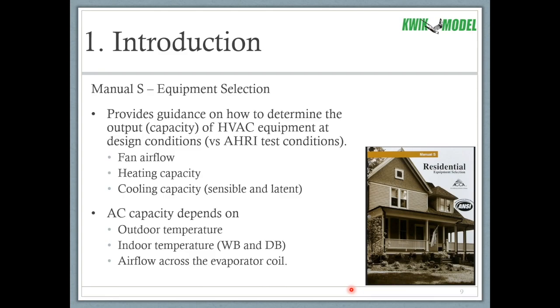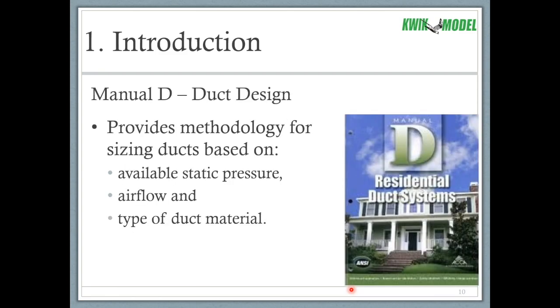How much airflow is blowing across that evaporator coil, and what affects airflow? Duct sizes affect airflow. Then Manual D: sizing those ducts, designing that duct system. Manual D provides methodology for sizing ducts based on the available static pressure. So the static pressure is what the fan provides you. The central system fan, the air handler, whatever you want to call it, that fan provides a certain amount of airflow at a certain resistance, and that resistance is quantified as pressure.